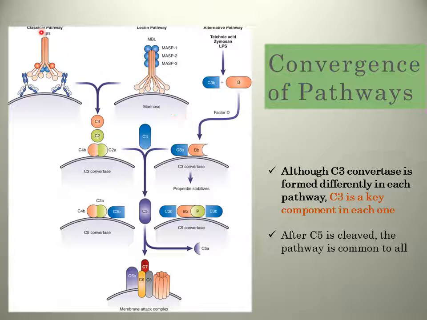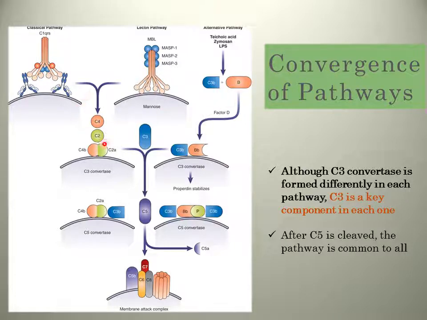We have the classical pathway activated by antibody molecules. We had the lectin pathway, which we learned appears to be very important in the first year of life, and the alternative pathway, which seems to be important in augmenting the classical pathway when it's activated.